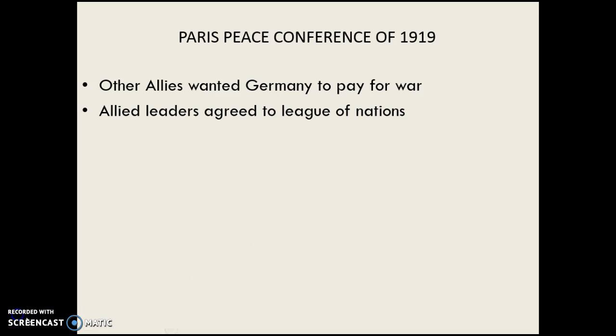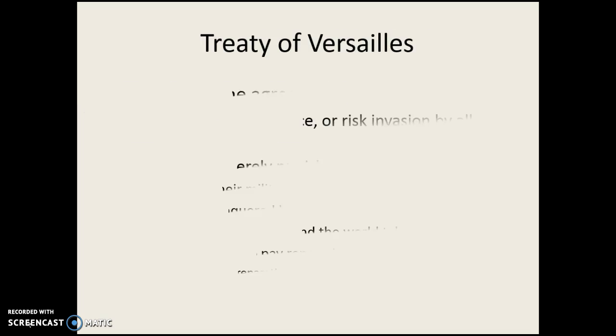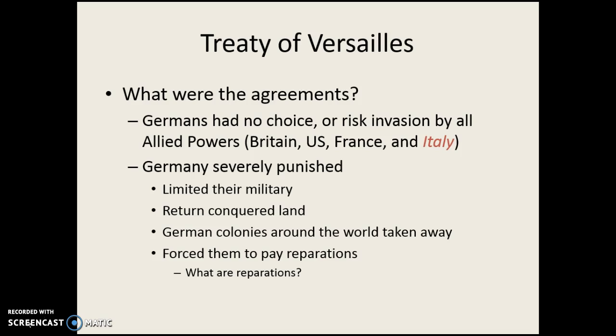So the other Allies want to punish Germany for the suffering that had been inflicted on the French people, because this war, the Western Front, is fought mainly in Belgium and France. So this treaty is signed June 1919. And what happens with it? Okay, so the agreements are not really what President Woodrow Wilson wanted. Now, he got some of his points from the 14 points, but he didn't get them all.